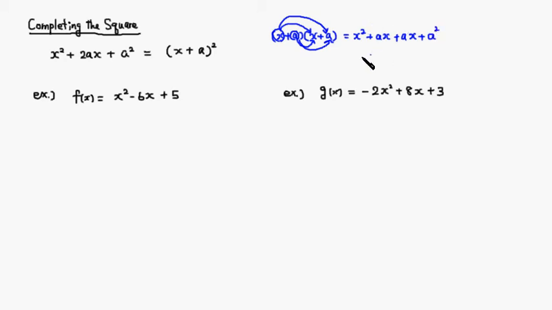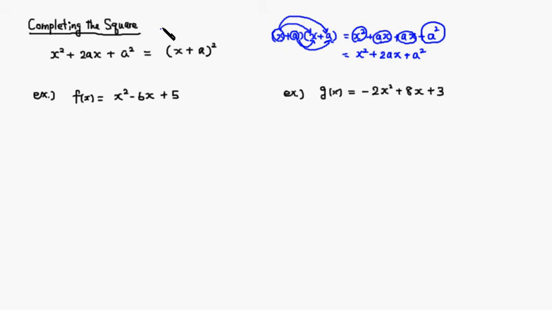Combining, x squared is x squared, and since there are two ax terms, it's going to be 2ax, and then you have a last term, a squared. So that's why we get x squared plus 2ax plus a squared.